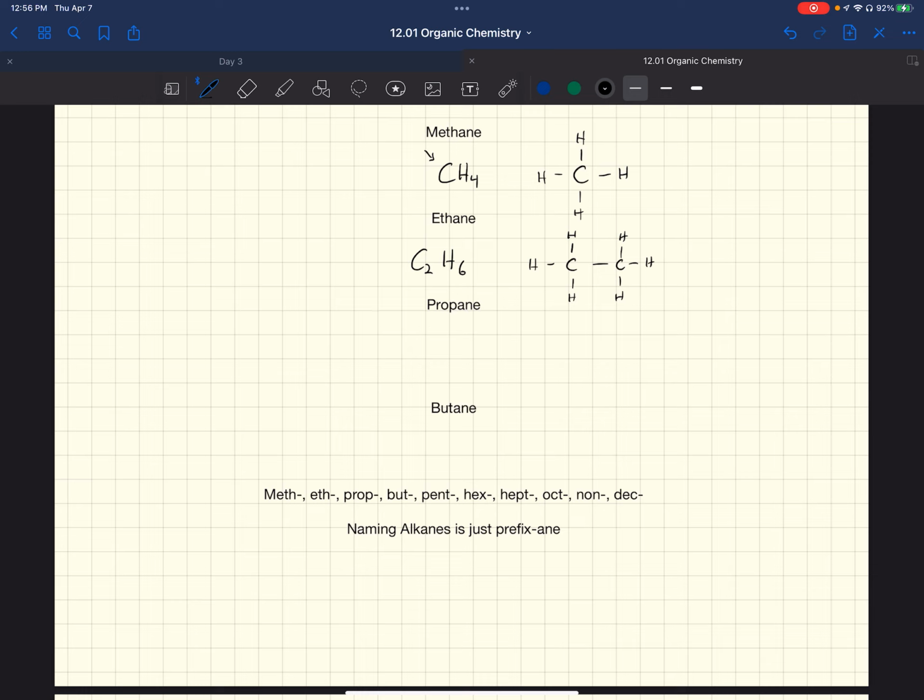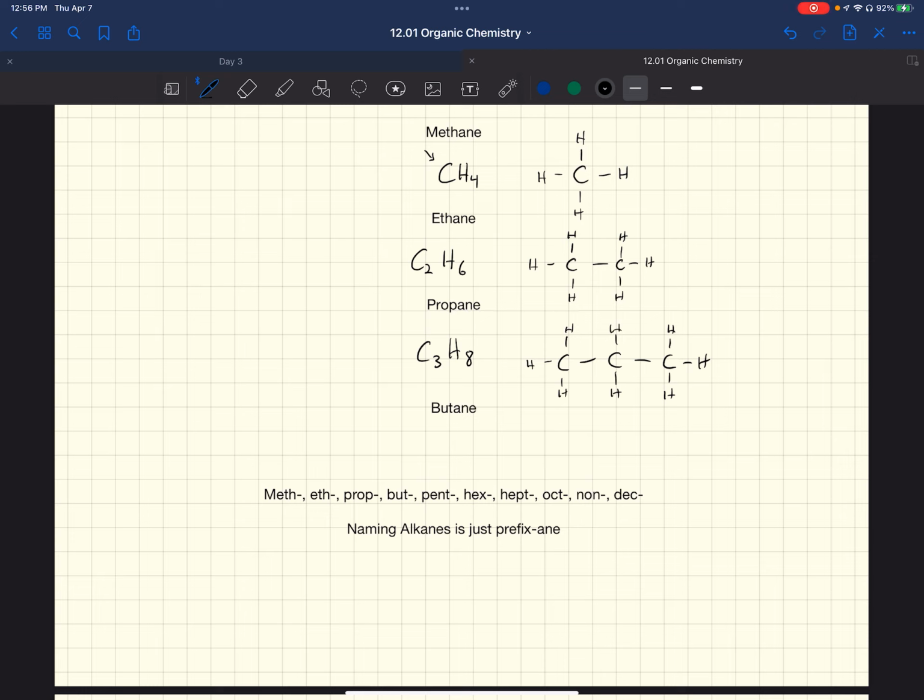All right, propane. Hopefully you're seeing the pattern here that I'm doing 1 central carbon, then 2 central carbons, then 3 central carbons. Okay, so here's propane. And when I do that, I end up with C3H8.